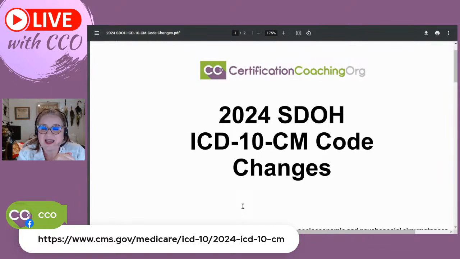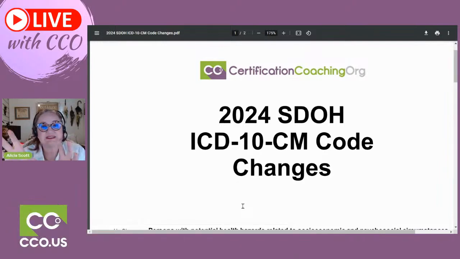There are a lot of other new codes, but we wanted to break these down specifically to give you a heads up. Social determinants of health, a hot topic, and we want to make sure that we're capturing everything to the highest specificity. And I suspect that we'll continue to see these updated and changed in the years to come as we're able to better define what's happening in our society that will affect patients' health outcomes.